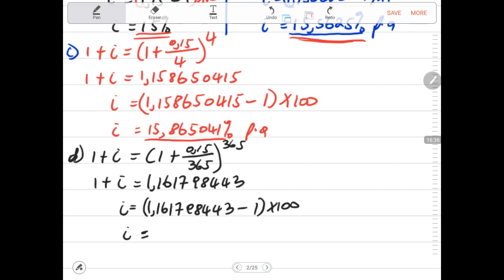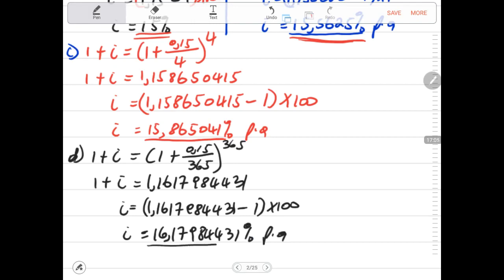Then after, equal sign times by 100. Then this gives me 16.17984431. I don't know how I missed this 31 before. There was 31 there. I'm sure you have identified it, that there was some missing calculation in there. So now this is percentage per annum.